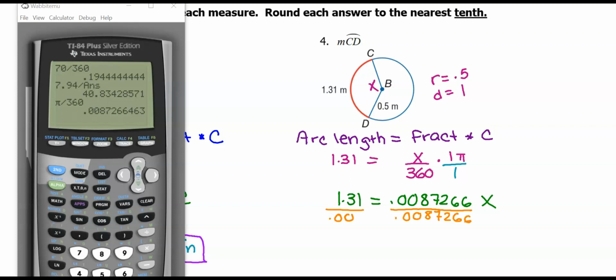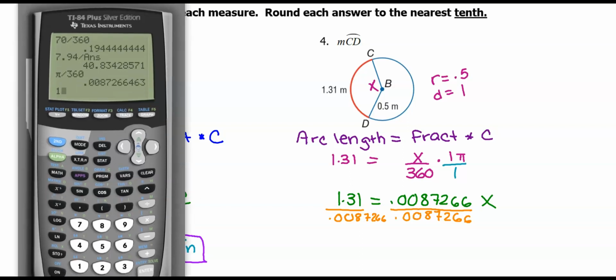I'm going to use my calculator, so it's going to be 1.31 divided by, and I'm just going to pull up all those decimals like I've been doing before. Hit enter, and I get 150.1 when I round to the nearest tenth.